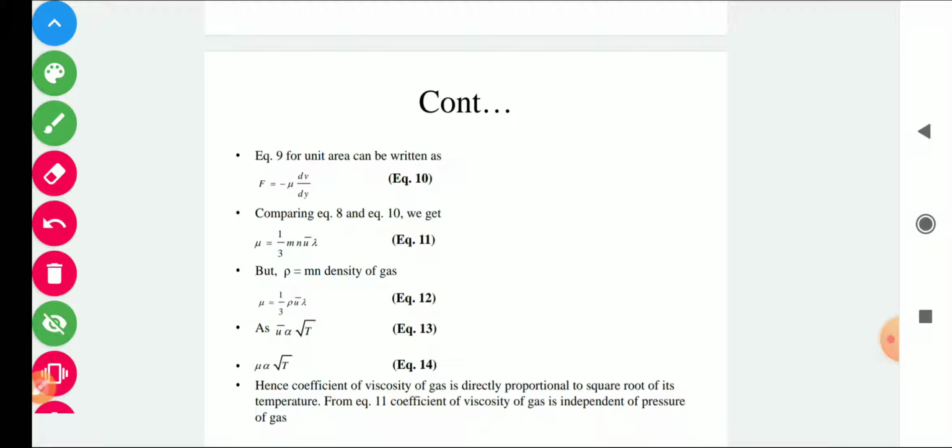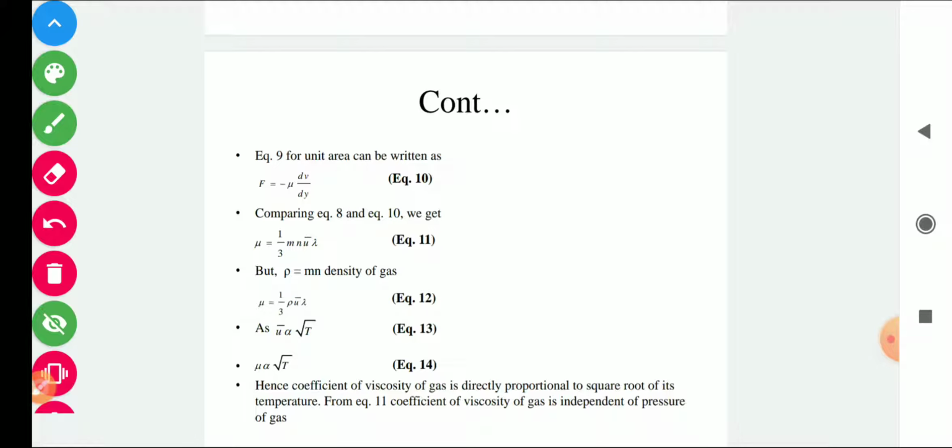Now m is the mass of the molecule and n is the number of molecules per unit volume. So if we multiply m into n, it will give the density of the gas, since m is the mass and n is the number of molecules per unit volume.